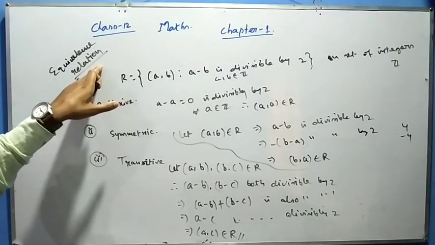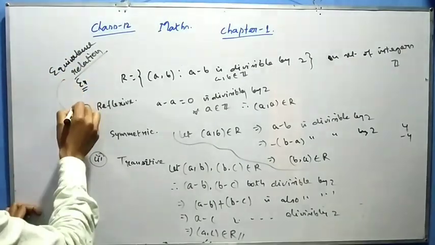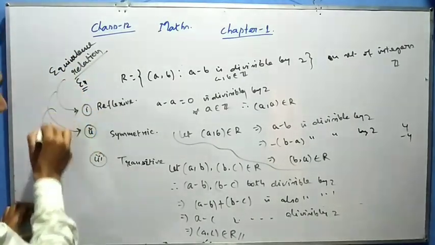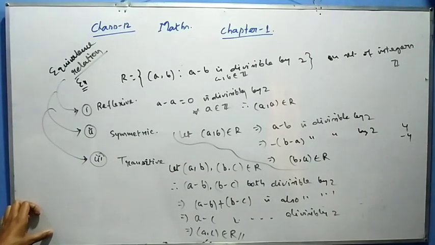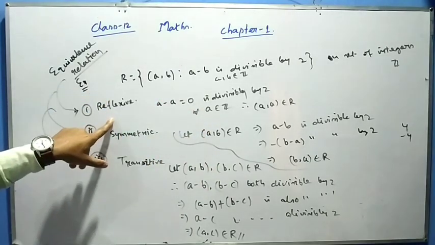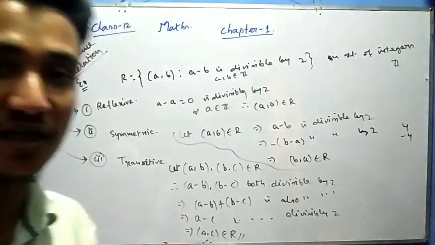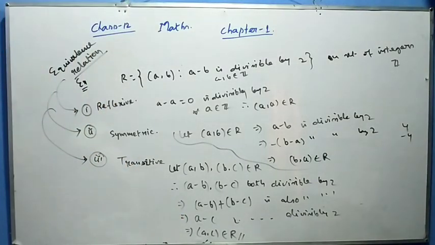A relation R is said to be equivalence if it is reflexive, symmetric and transitive. So if some question says show that the following relation is an equivalence relation, then you have to check whether this relation is reflexive, symmetric and transitive. If any one of the properties is not satisfied, then it is not an equivalence relation.